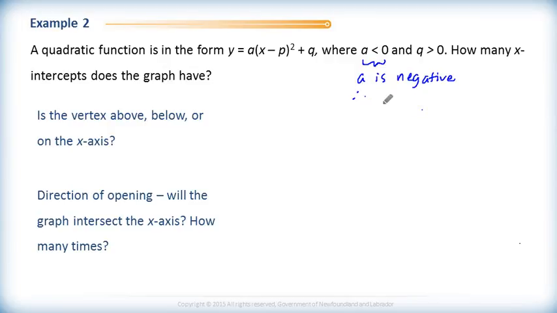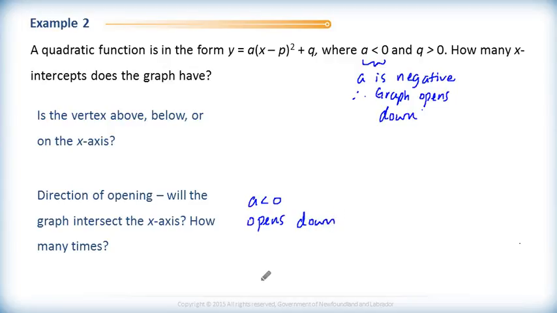Therefore, the graph opens down. So I've actually answered the second question here. A less than 0 opens down.